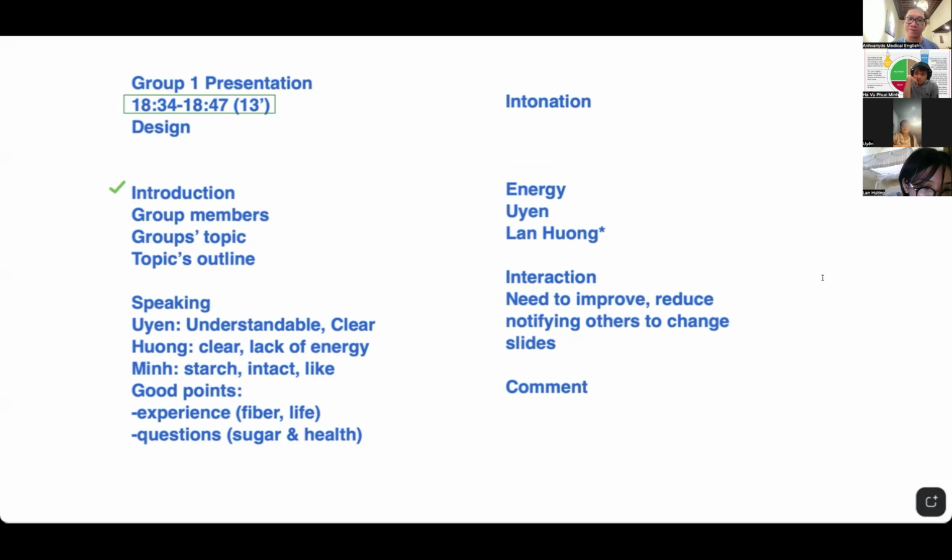How to let Minh know you need to change? You can use a phrase like, in the next slide, I will talk about the importance of carbohydrates. So Minh will know, okay, you need to change to the next slide. Do you guys understand me?